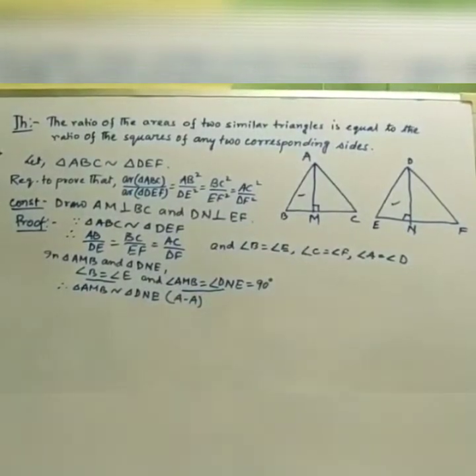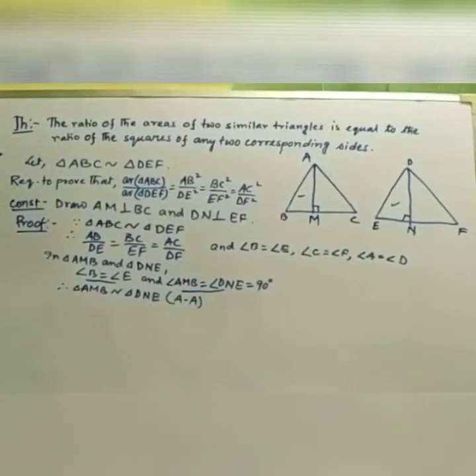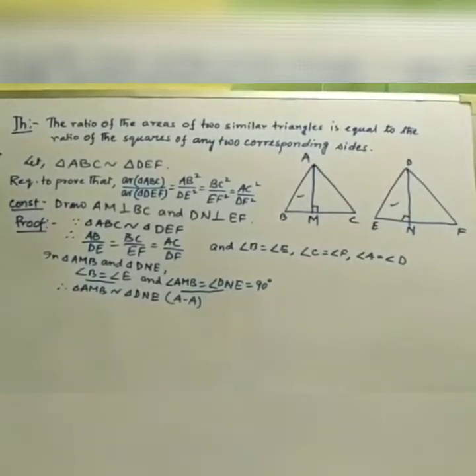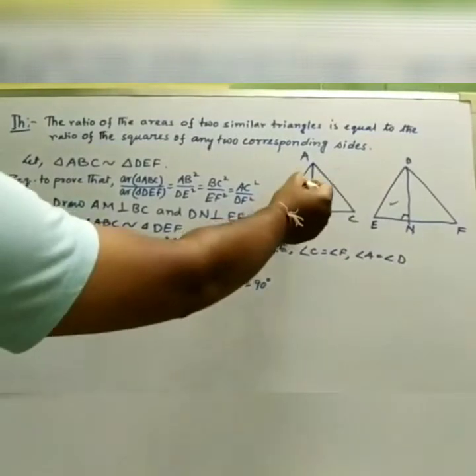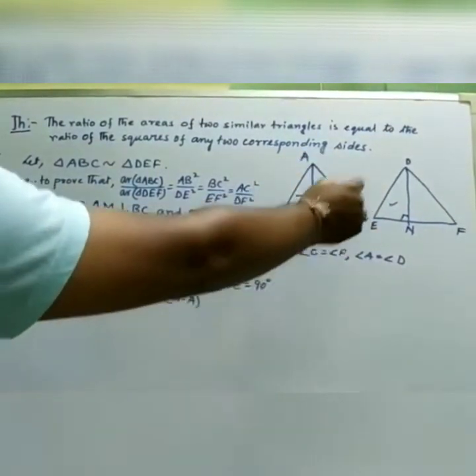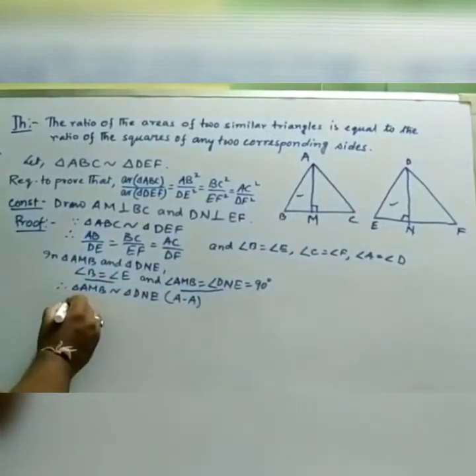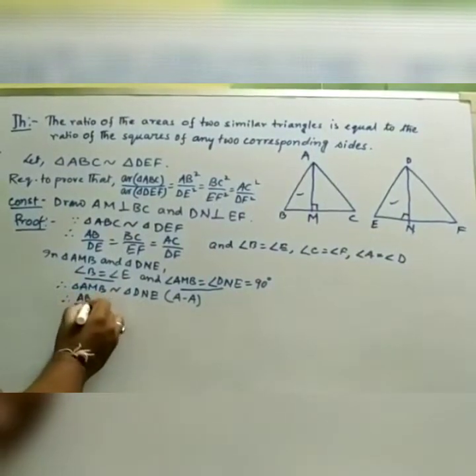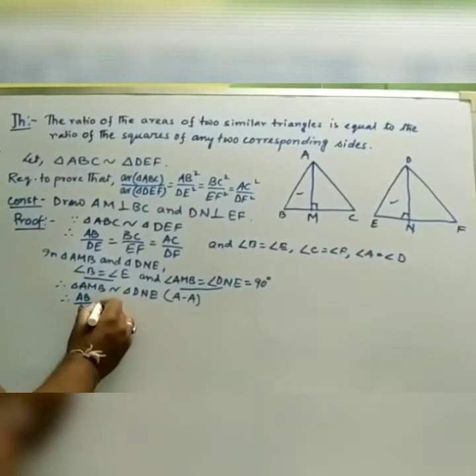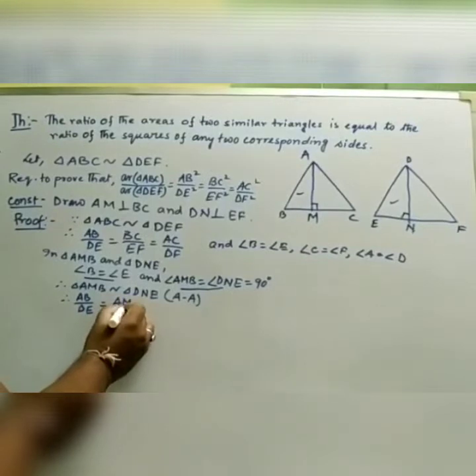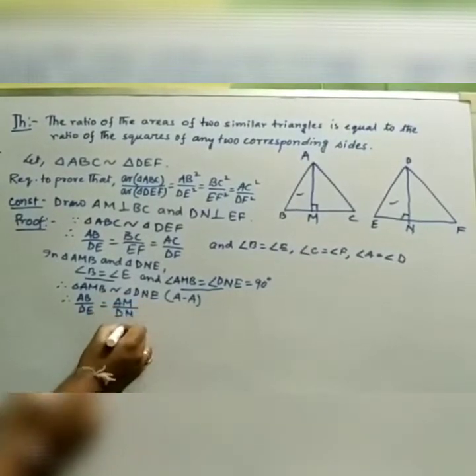And as these two triangles are similar, their corresponding sides will be proportional, and taking the corresponding sides, AB by DE equals AM by DN.